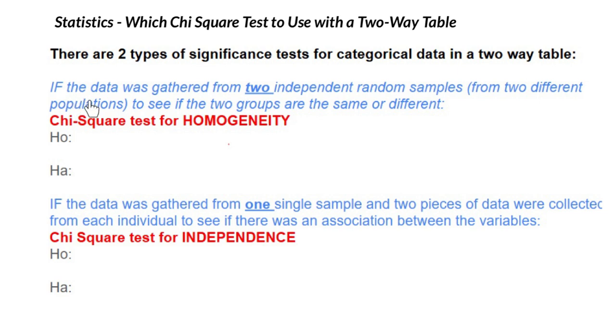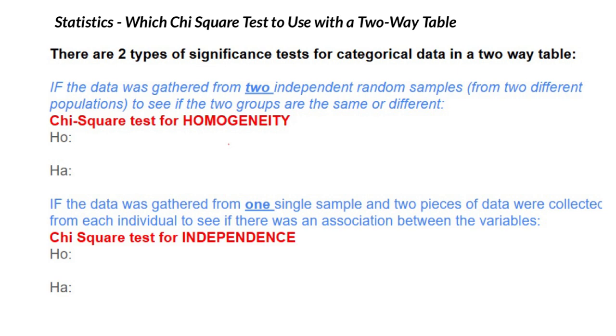So if the data was gathered from two independent random samples, so two different populations, to see if the two groups are the same or different, this is a chi-square test for homogeneity.